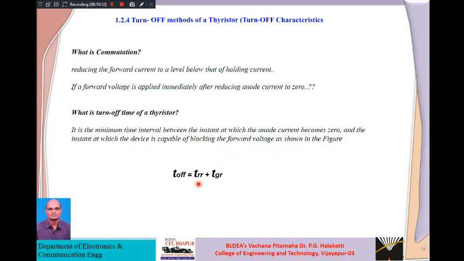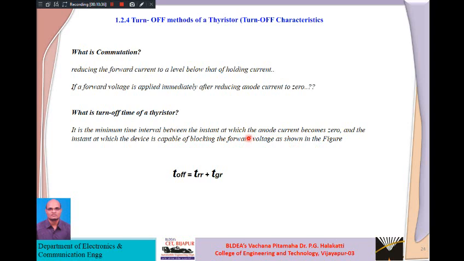So when the forward current drops below the holding current, from that instant to the instant when our SCR is capable of blocking the forward voltage, turn off time is nothing but the time gap between two time instants.